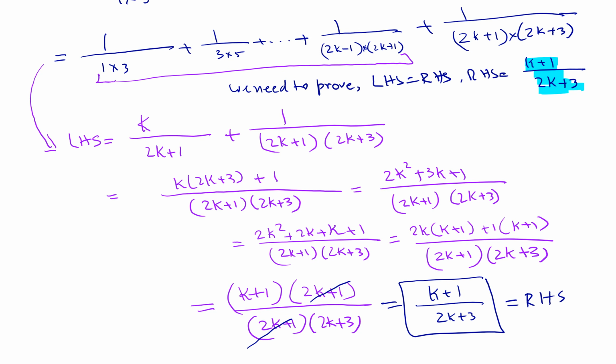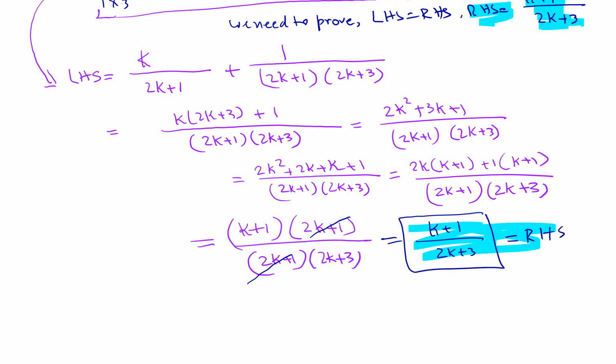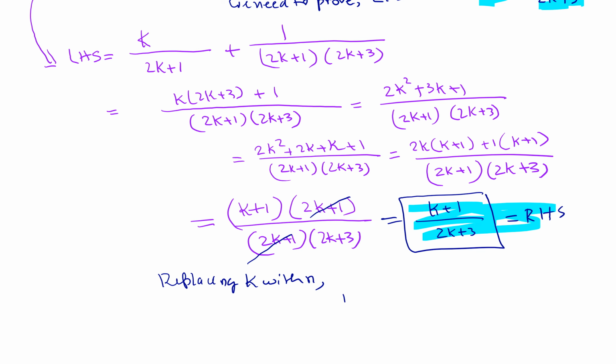And if we replace k with n, then we get n plus 1 over 2n plus 3.